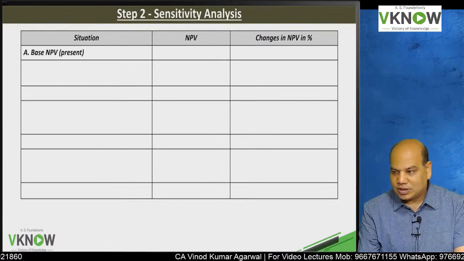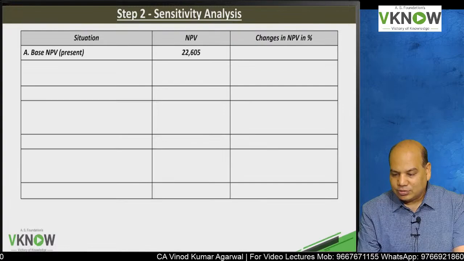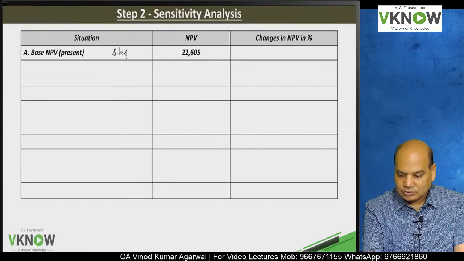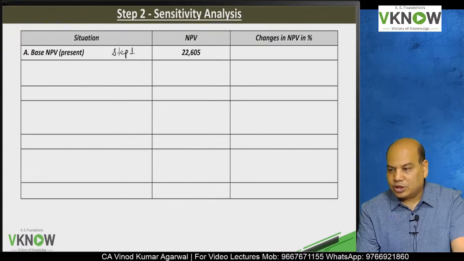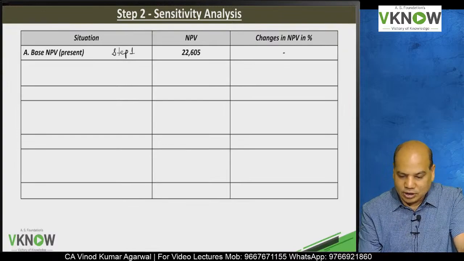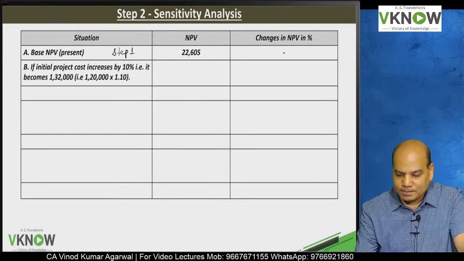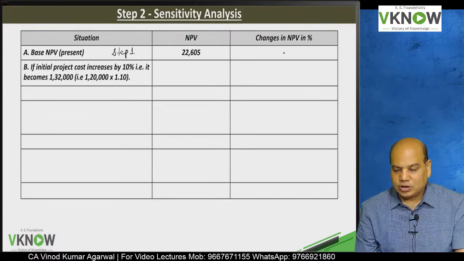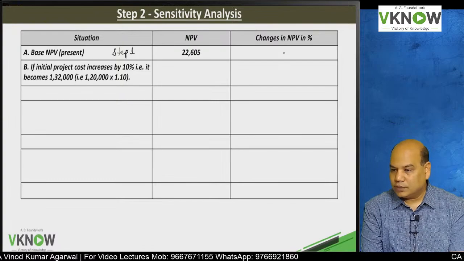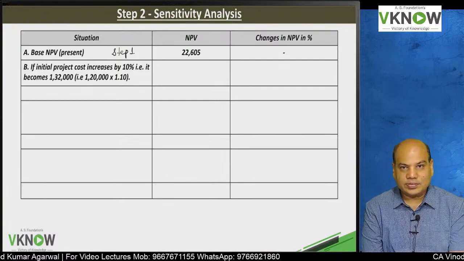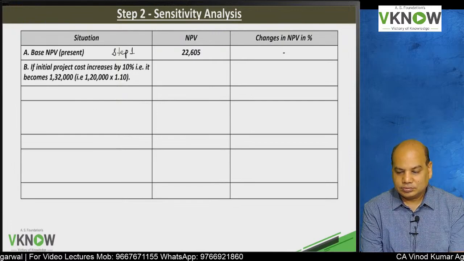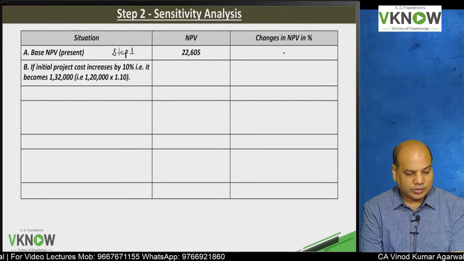So first we'll write base NPV, already calculated, in bracket step 1, 22,605. Now write down point B, if initial project cost increases by 10%, that is, it becomes 1,32,000.